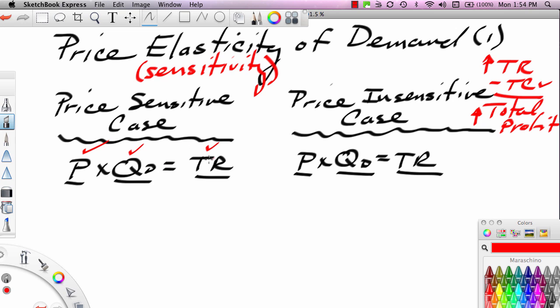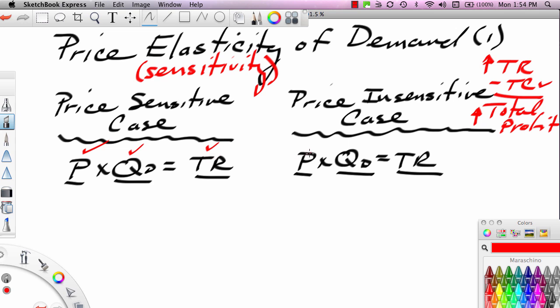So business people are very interested, obviously, in profit, and profit is a function of revenue, and revenue is a function of price. So what happens if the price of something goes up, but buyers buy significantly less of that product? So the price goes up a little bit, but the quantity goes down a lot. Well, you're going to see that revenues are going to fall.